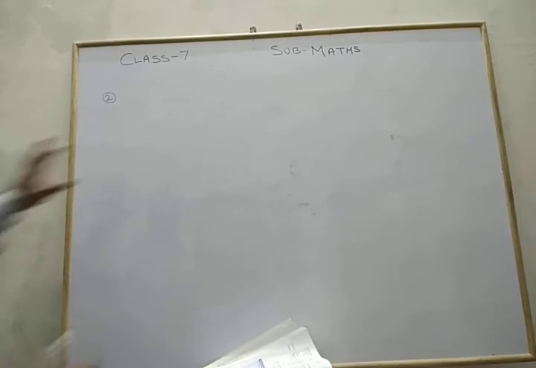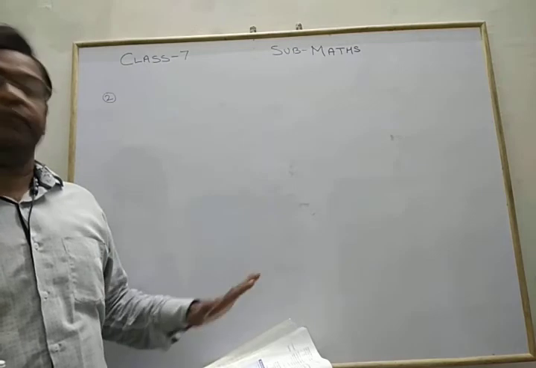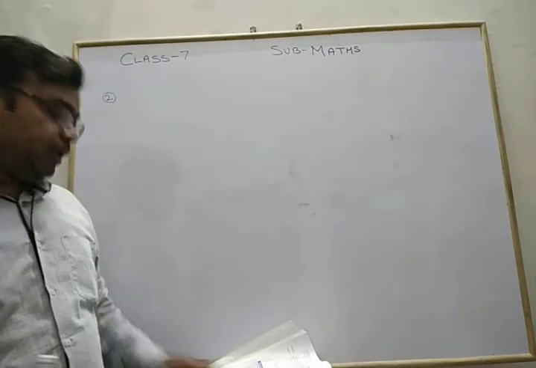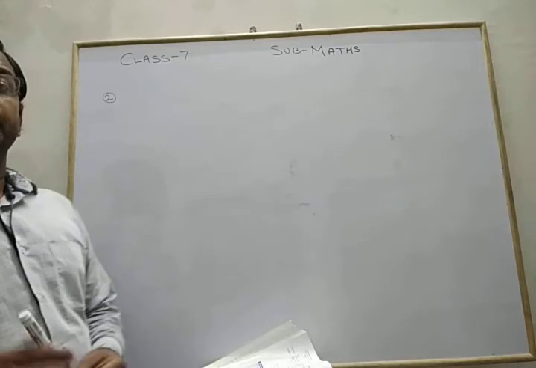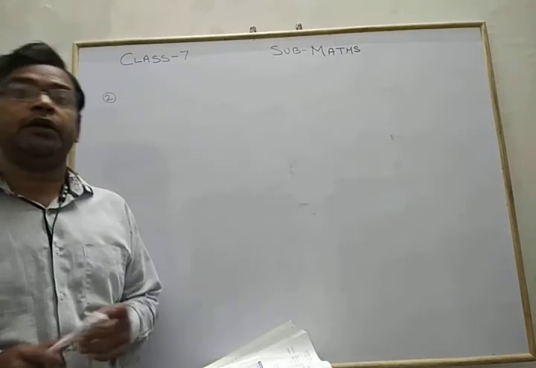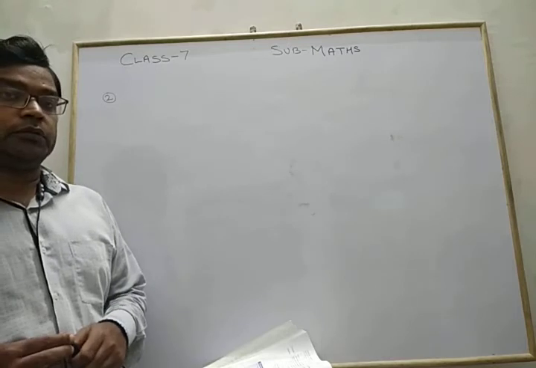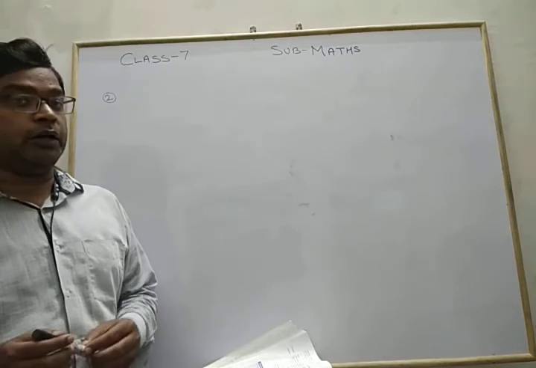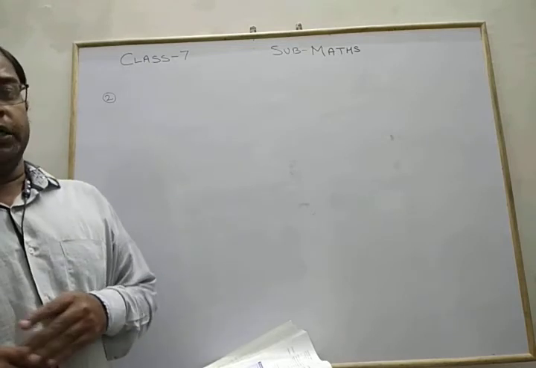Now, we are going to discuss question number 2. It is a question of direct variation. It is given that in a party, for every batch of 5 students or 5 children, 8 packets of chips are served. So how many packets of chips are required for 40 students or 40 children?